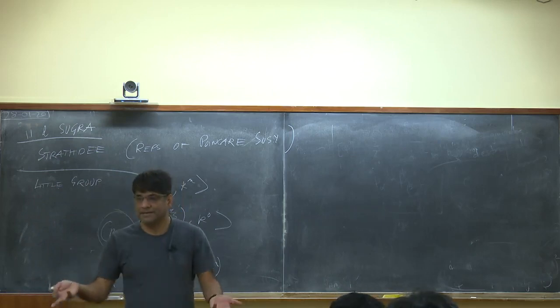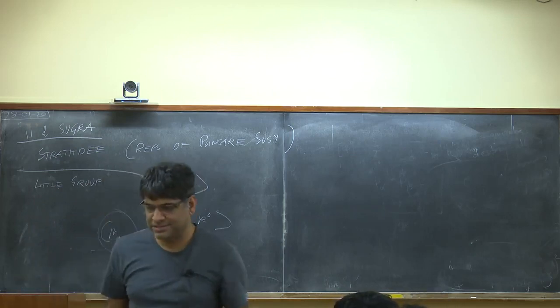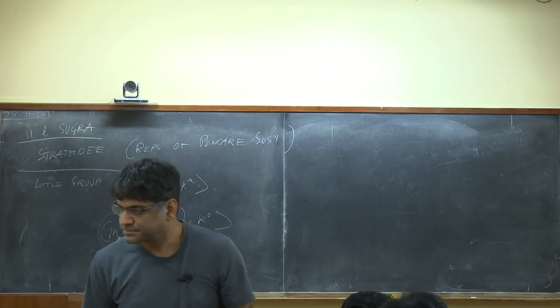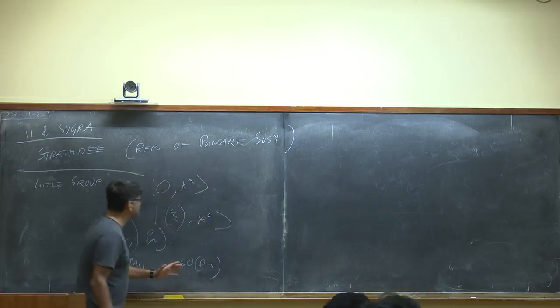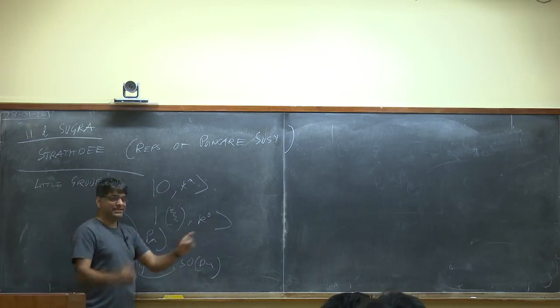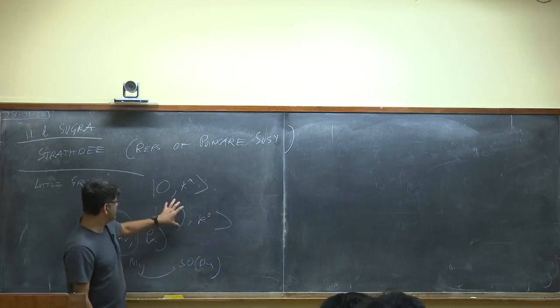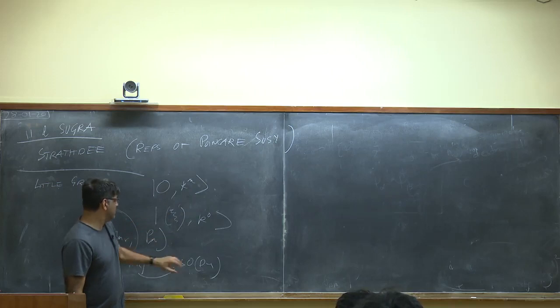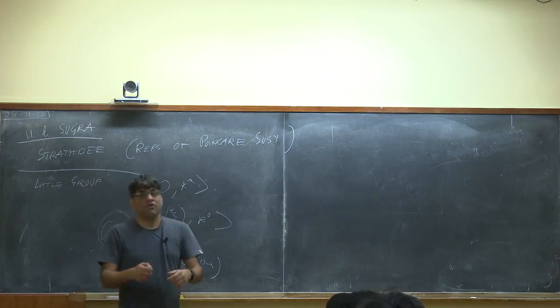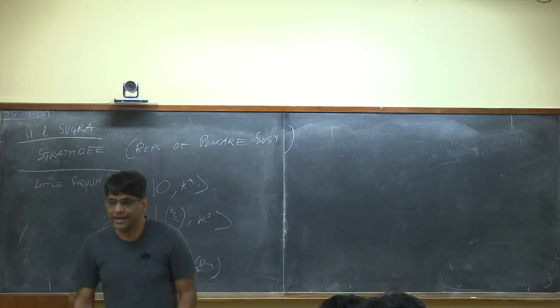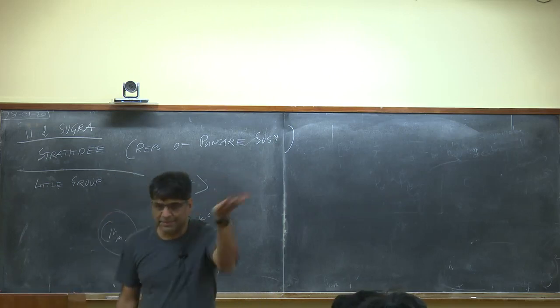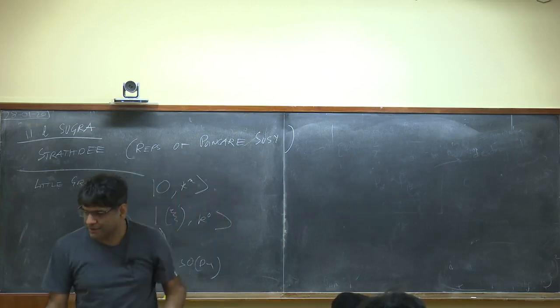If you want one particle, it's got some irreducible representation. Okay, and then the little group analysis tells you that, so basically to specify a state in a given value of k, you need to specify which representation of SO(d−1) you're dealing with. That tells you which particle you're looking at. And then you need to specify some representation index in that representation.